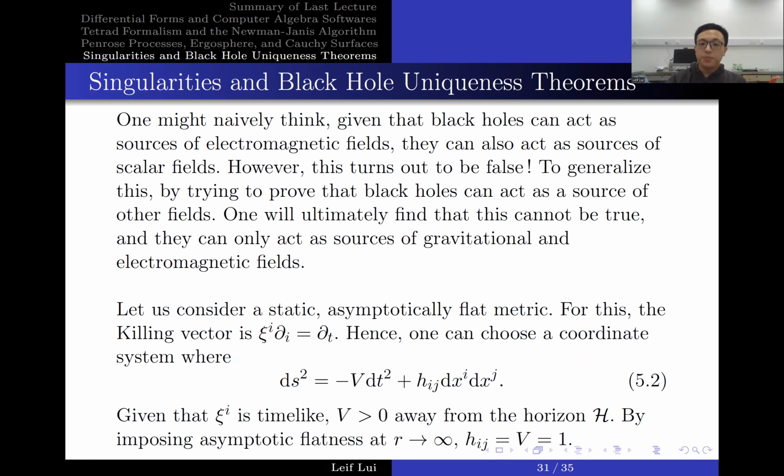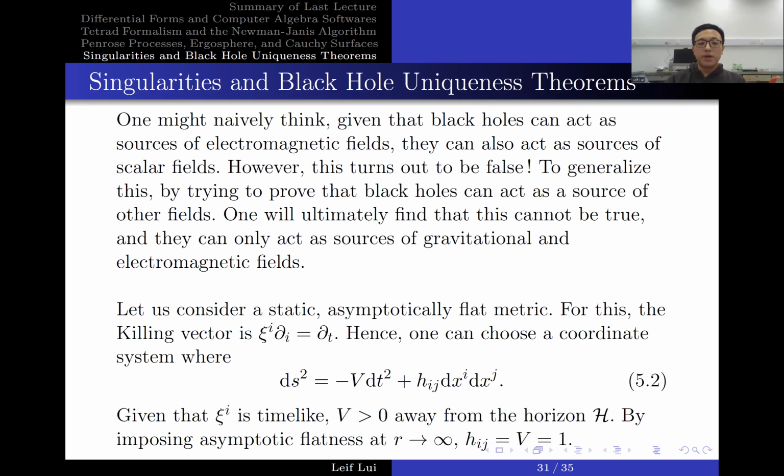However, this turns out to be false. We can generalize this by trying to prove that black holes can act as sources of other fields, and one will ultimately find that this cannot be true. Basically, they can only be sources of gravitational and electromagnetic fields. So let us consider a static asymptotically flat metric.